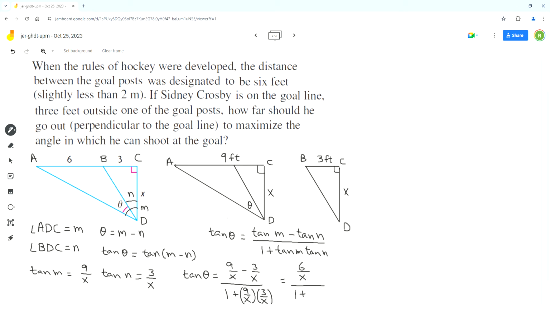Now we have to multiply the fractions in the denominator, and 9 times 3 is 27. Next, we can simplify this expression by finding a common denominator in the denominator expression. The denominator of 1 is 1, so the common denominator will be x squared. So we can rewrite this expression as shown.